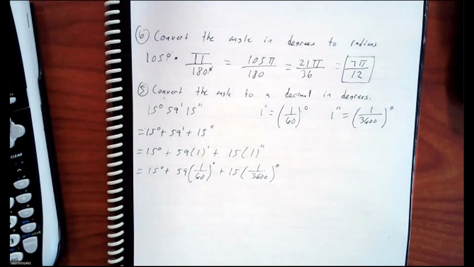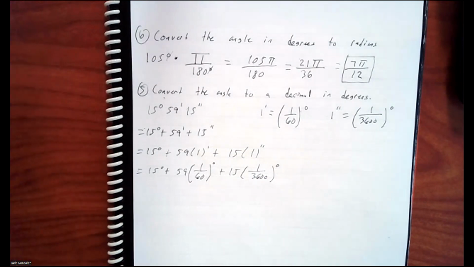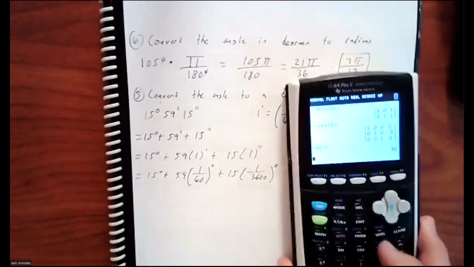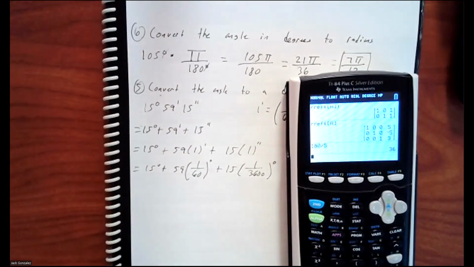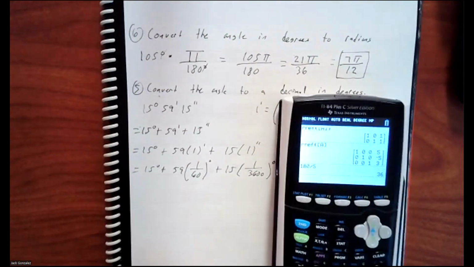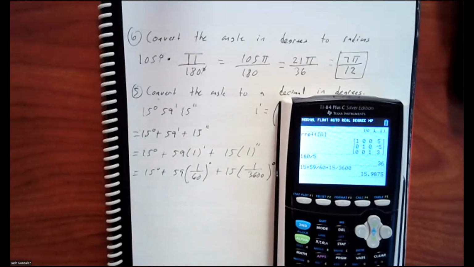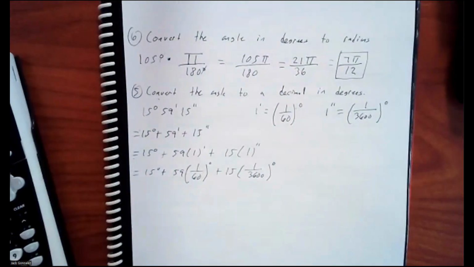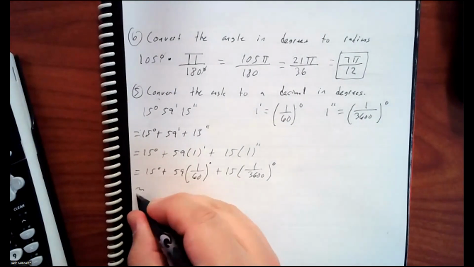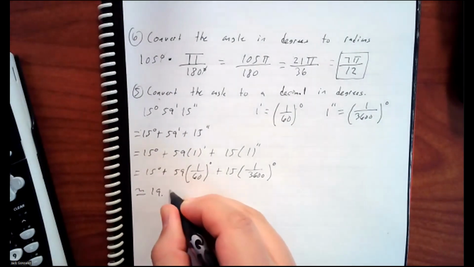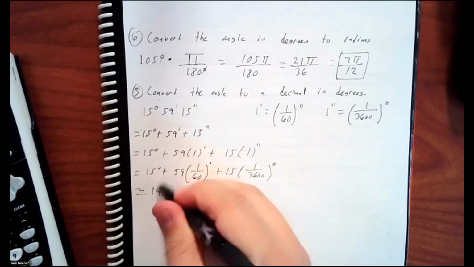At this point, we just need our calculator. 15 plus 59 divided by 60 plus 15 divided by 3600. 15.9875.